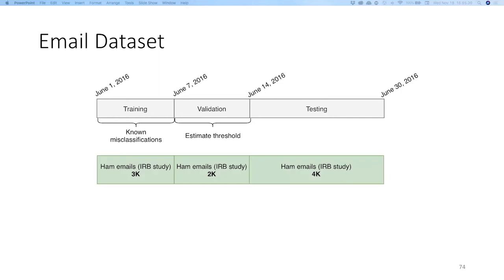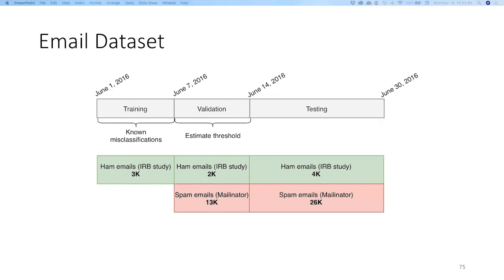For the legitimate addresses, we conducted an IRB study where we recruited volunteers who gave access to their Gmail. All that we did was create a plugin which only captured the IP addresses of the senders, and we did not collect any other identifiable information. For spam emails, we used a service called Mailinator.